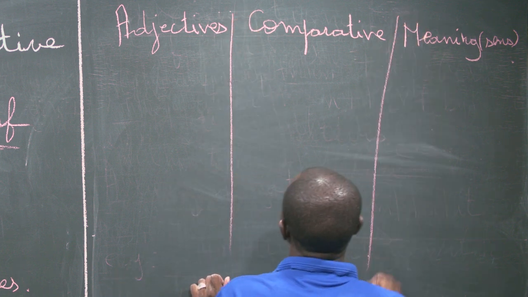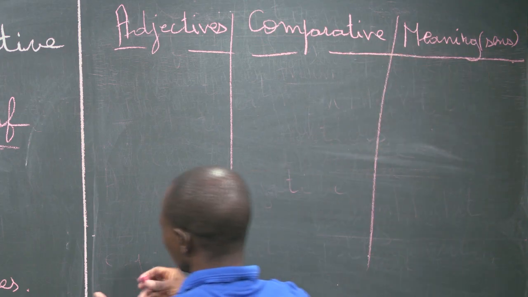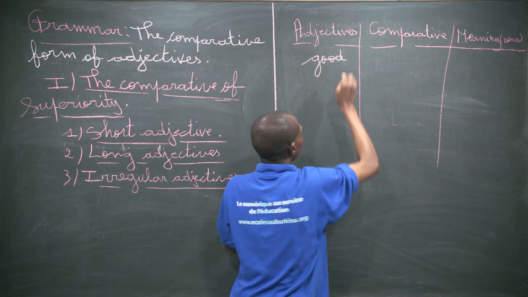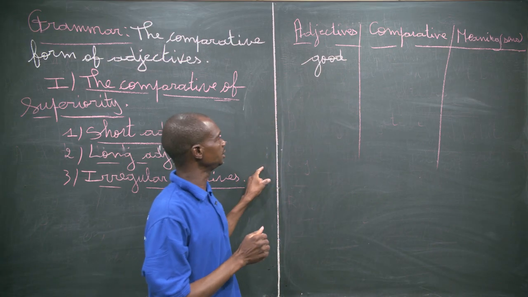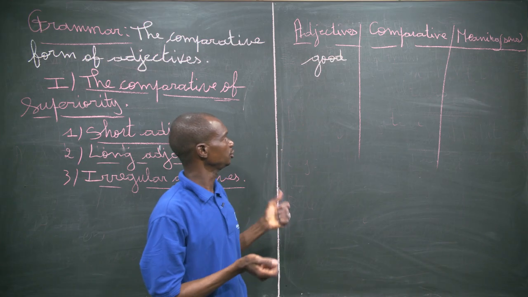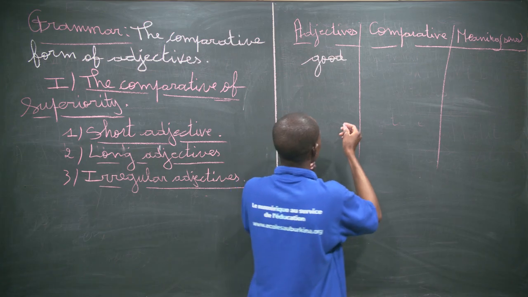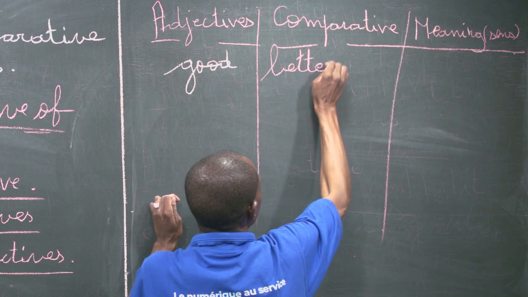First we have the adjective good. We can see that good is a short adjective, but the comparative of superiority here is better. It is better than.